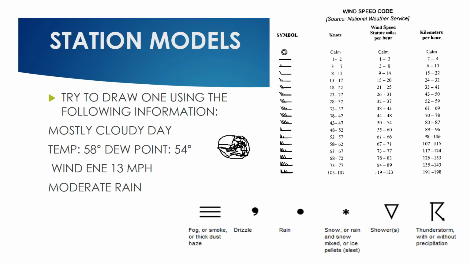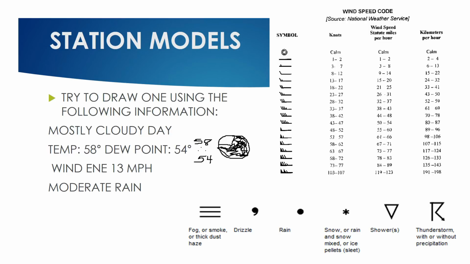Good enough. Temperature is 58. Dew point is 54. Okay. Moderate rain, so I'm going to put 1 dot, 2 dots, 3 dots, pretty much indicating moderate rain.